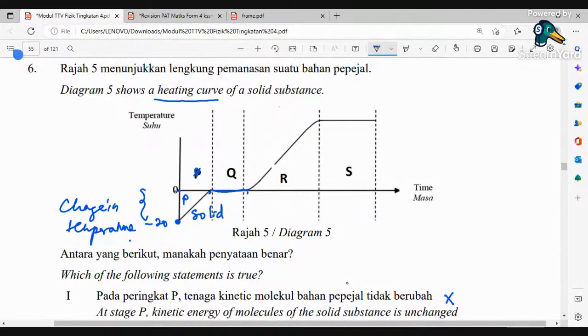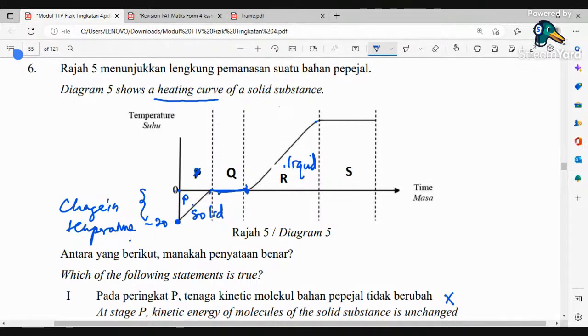R here is liquid changing to steam. Wrong. Ini ialah liquid state. Okay, no change in phase, there is change in temperature. So ini ialah heat capacity. Okay, untuk Q, latent heat of fusion.